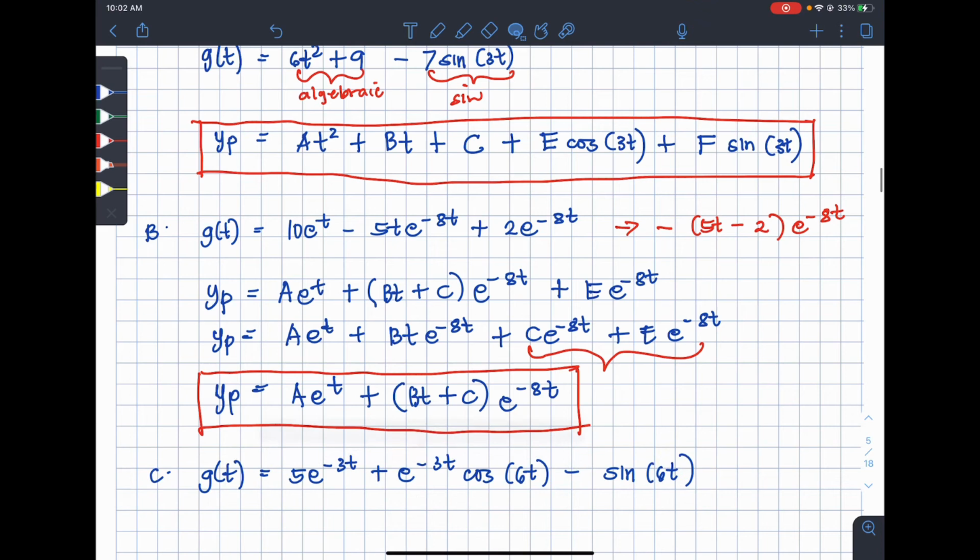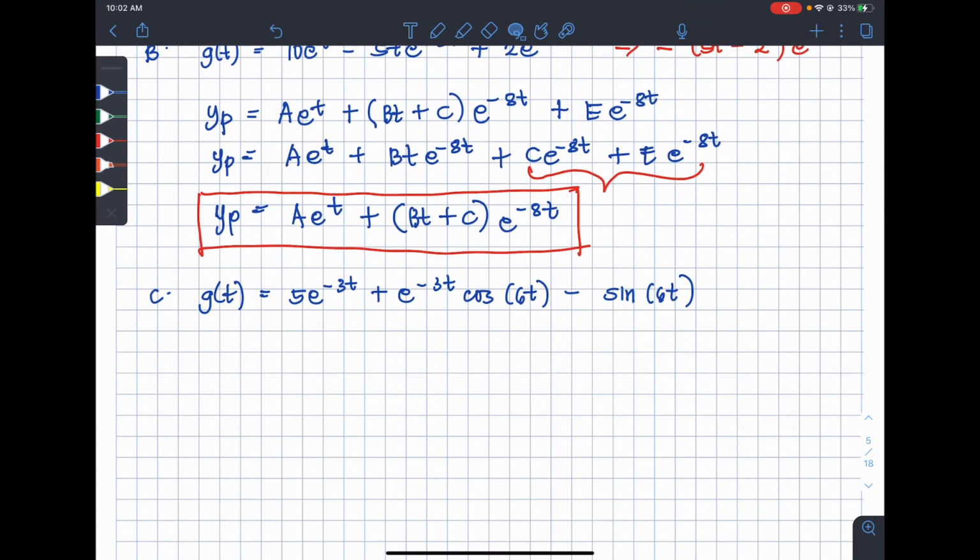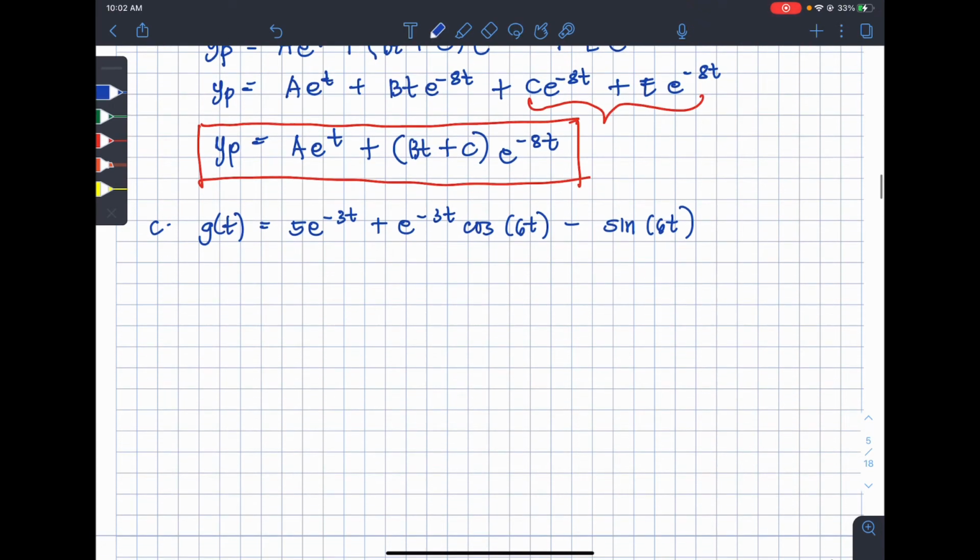So last example for this question. So may parehas ba? Wala, no? So tignan natin. So g of t, this would just be a e raised to negative 3t. Tapos ito, cosine at saka sine. So, kaya lang, 1 is multiplied with e raised to negative 3t, an exponential function.